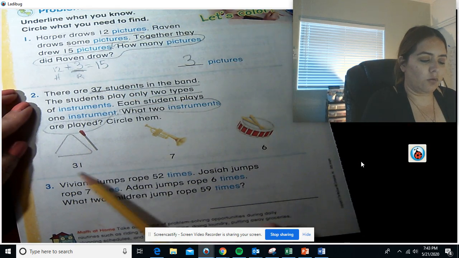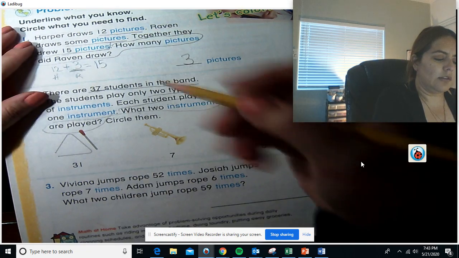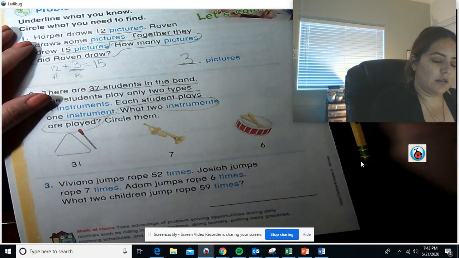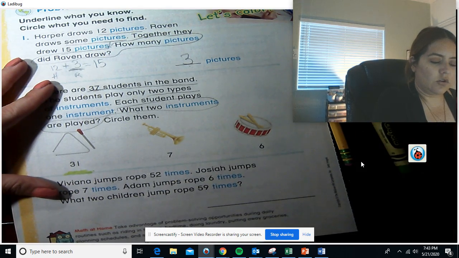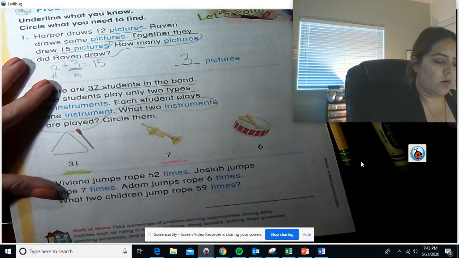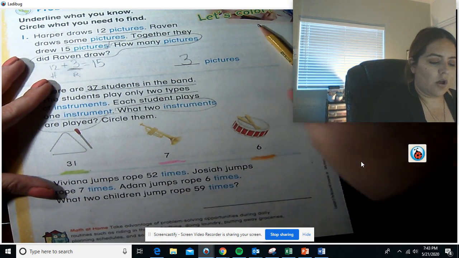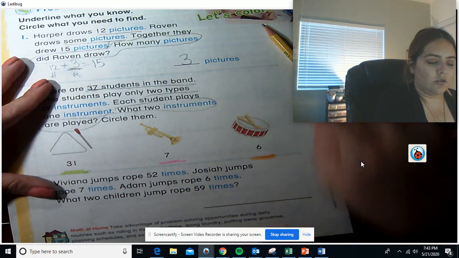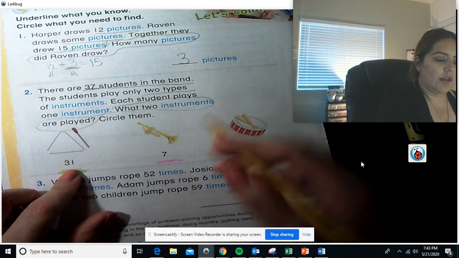So we need to figure out which numbers equal 37. So it's either going to be the triangle and the trumpet, or the triangle and the drum, or the trumpet and the drum. So first we're going to try the triangle and the trumpet.